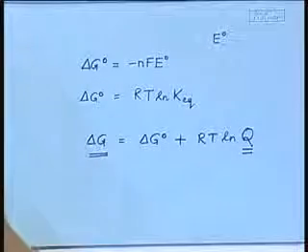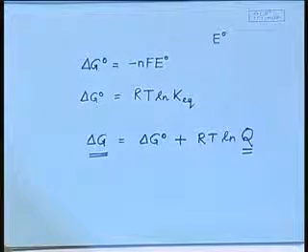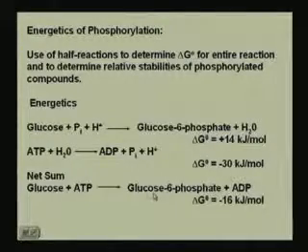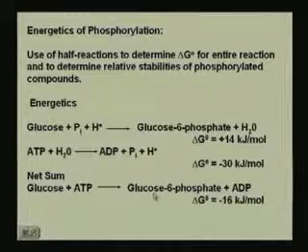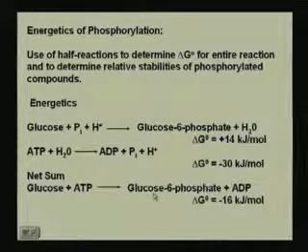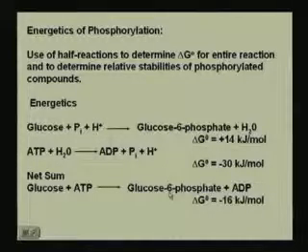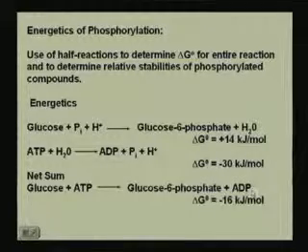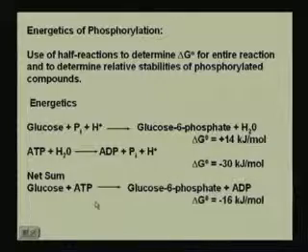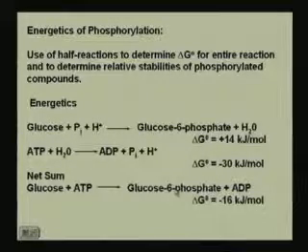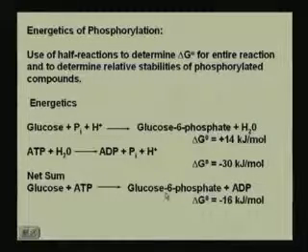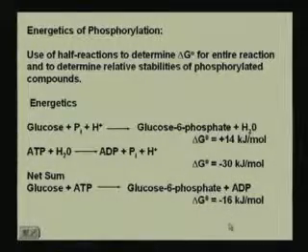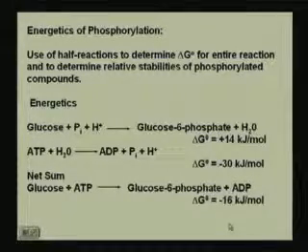Now if we look at this first reaction that we have here, the fact that glucose 6-phosphate concentration is low, okay, what is that Q? In this case, what is the Q going to be? It is going to be glucose 6-phosphate times ADP divided by glucose times ATP concentrations. That is what Q is going to be. Now if you have a high concentration of products, that could more than compensate the negative delta G0 value that you have here and make an overall delta G of the reaction positive.